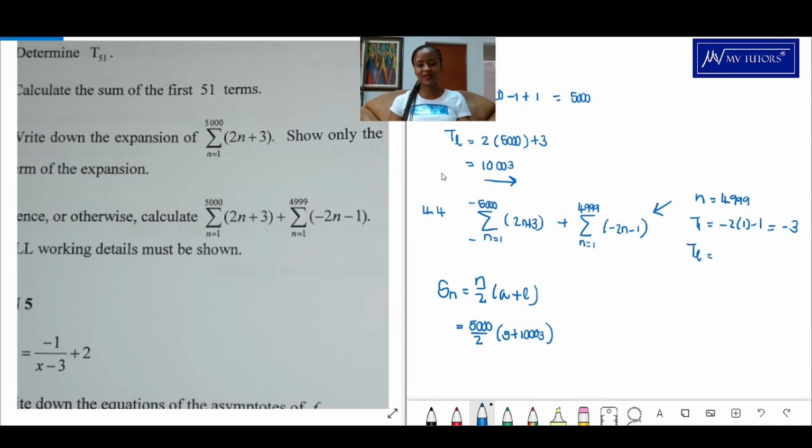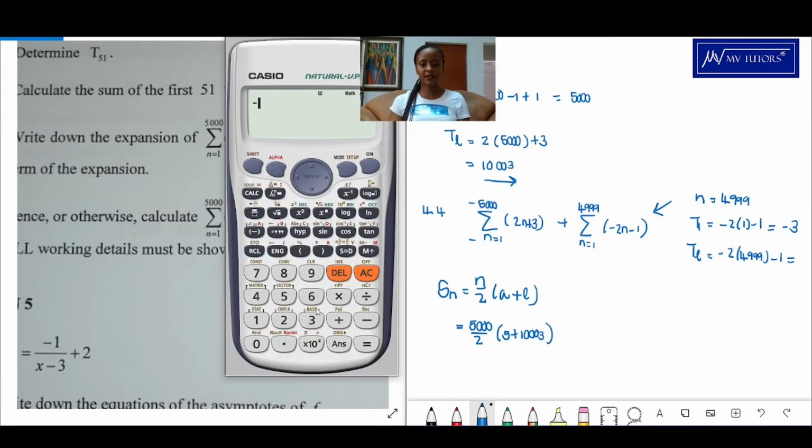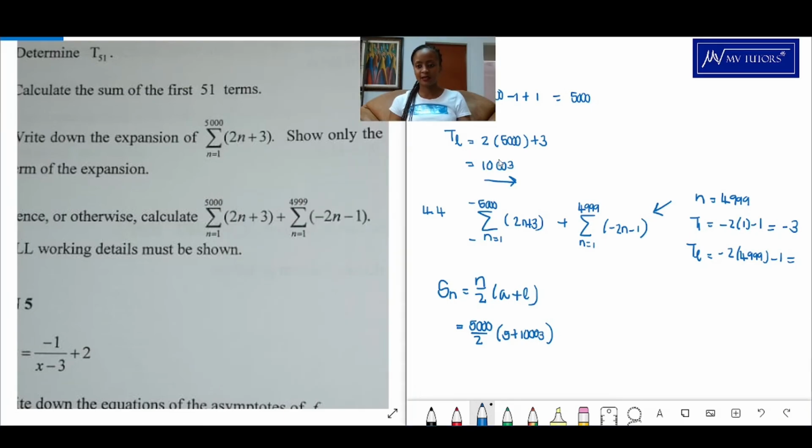If I take negative 2 and multiply by 4,999 minus 1, let's see on the calculator. I have negative 2 times 4,999 minus 1. I get negative 9999.